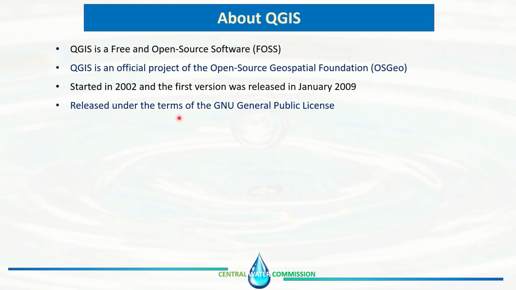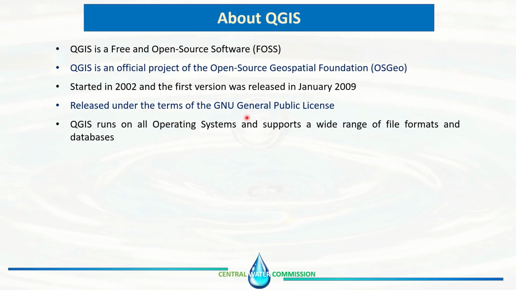It is released under the GNU General Public License, which ensures that it remains freely available for anyone who wants to make use of it and even modify and redistribute it. This model promotes collaboration and continuous improvement of the software.